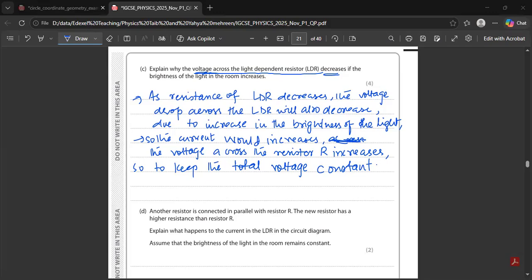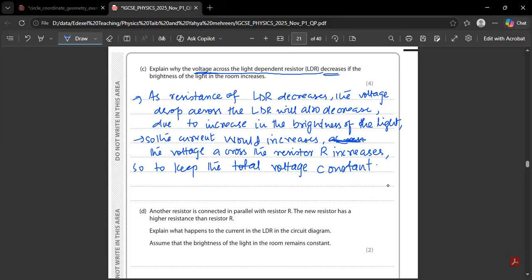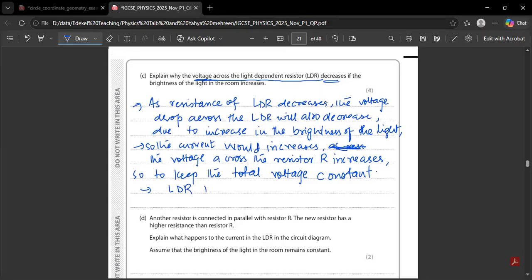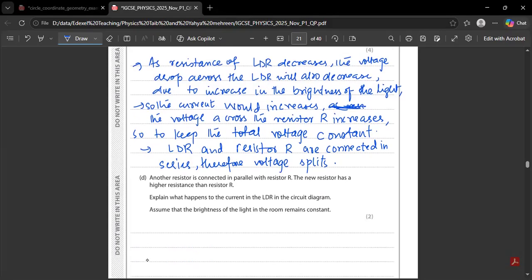And we can also include here that the LDR and resistor are connected in series. Therefore, the total voltage splits.